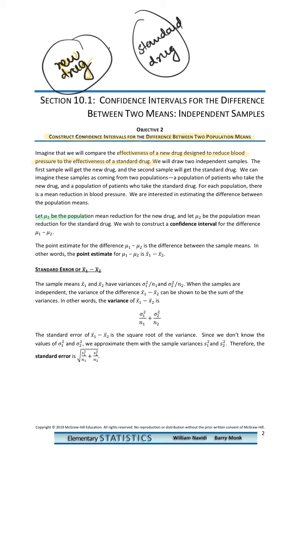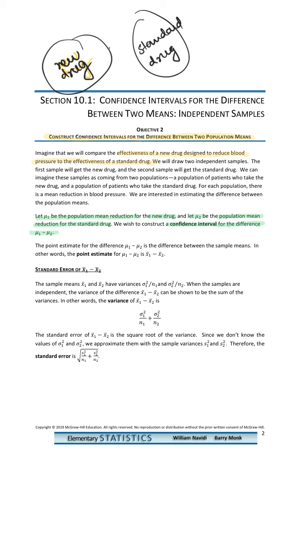So let mu1 be the population mean reduction for the new drug and mu2 be the population mean reduction for the standard drug. We want to construct a confidence interval for the difference between two population means.